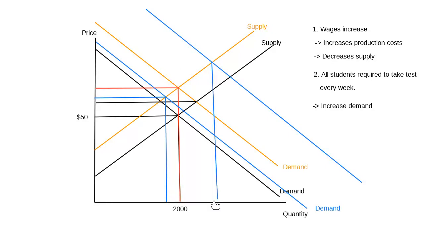Big change in demand, middle-ish change in demand, smallish change in demand. Here it's greater, here it's roughly the same, and here it's lower. It can change quantity. It's not that it has no effect, it's that we don't know what the effect is. It's an ambiguous effect. It depends on how much demand changes.